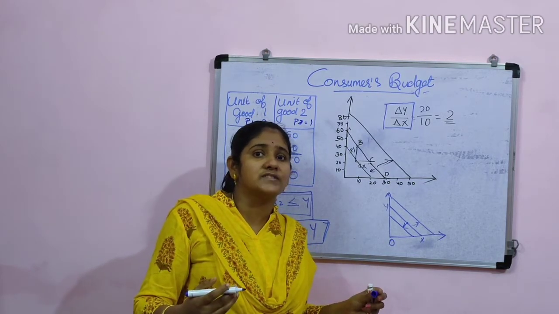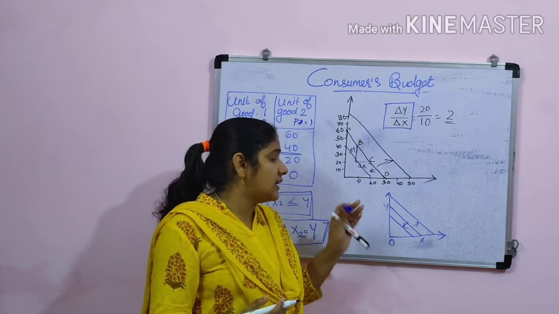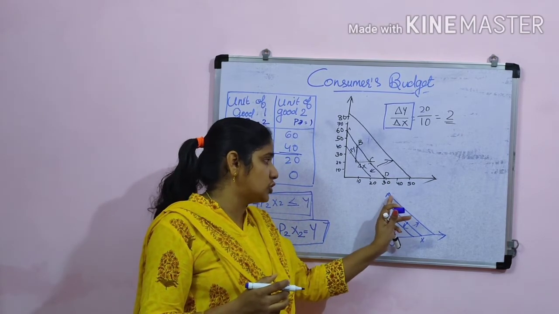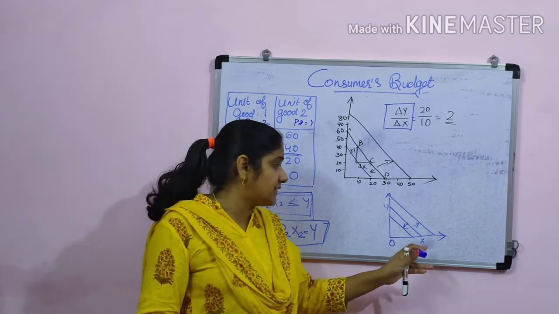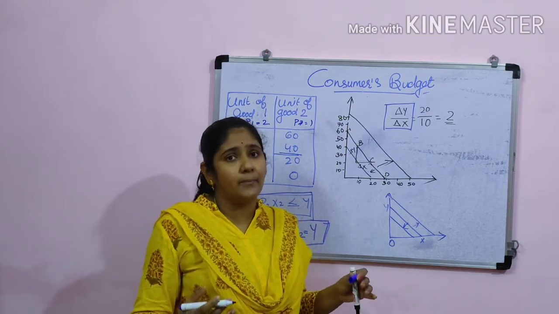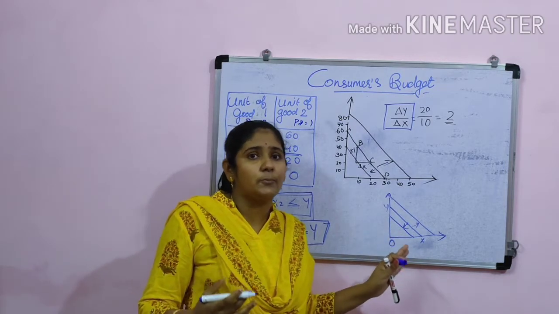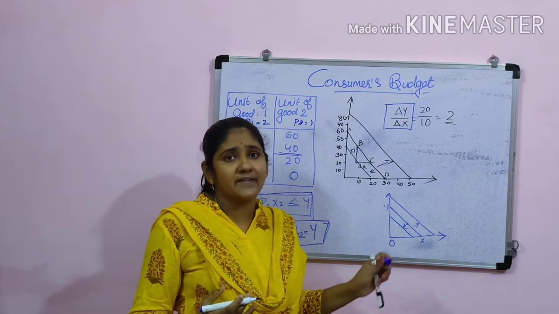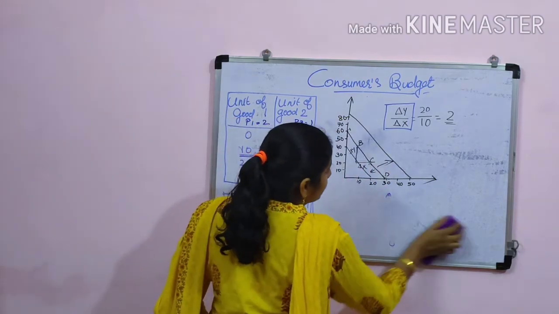So in that case also, we are able to experience a shift of the price line. When the income of the customer increases, he is able to purchase more of both commodities Y and X. Otherwise, sometimes he will be able to purchase fewer of both commodities. In that case also we experience a shift of this price line.